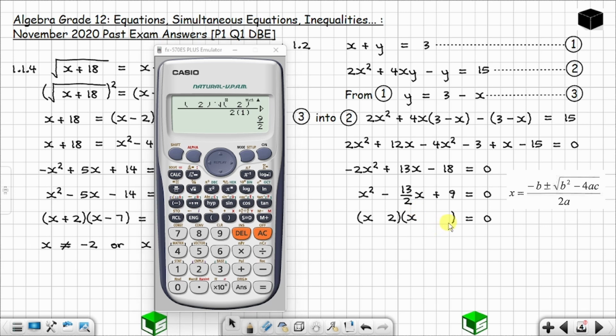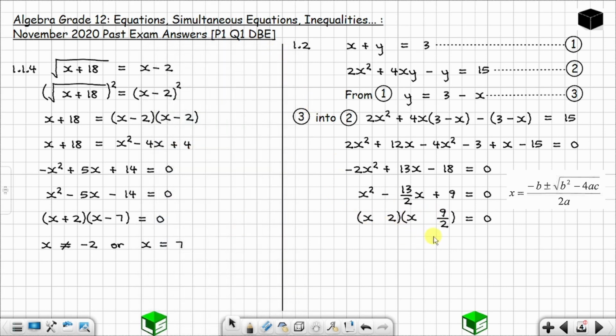So I'm going to put 9 over 2 there. Okay. So you have to use positive first or negative first. And then after that, you use negative or positive to get the numbers there. Okay. As simple as that. Make your life simple. If you are struggling to factorize this, just use the quadratic formula quickly with the calculator and you are going to get the numbers there.